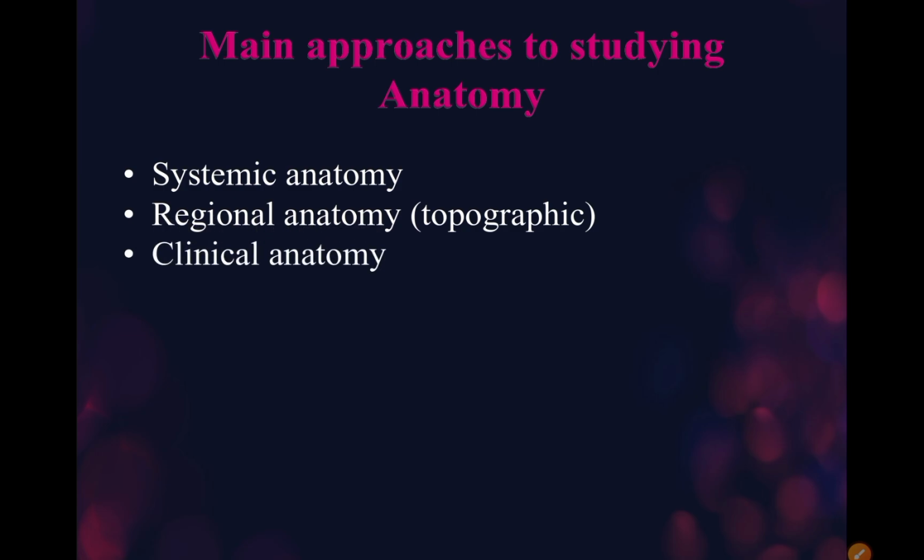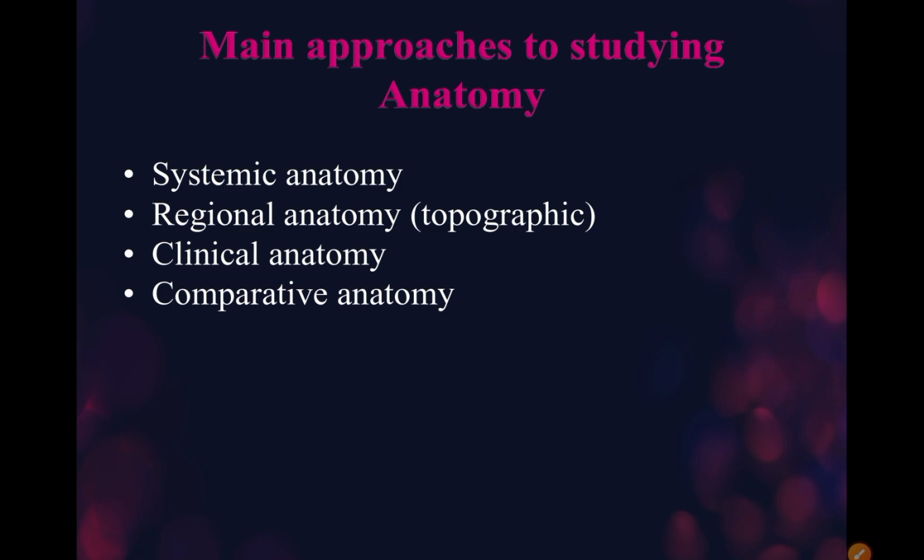We have the clinical anatomy. This most times deals with the application of anatomy, where you see it clinically, where you are going to apply anatomy. We now have the comparative anatomy. I hope something is coming to your head. When we talk about comparative anatomy, we are comparing the anatomical structure of a group of organisms with the anatomical structure of another group of organisms.